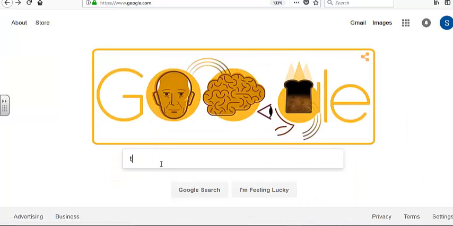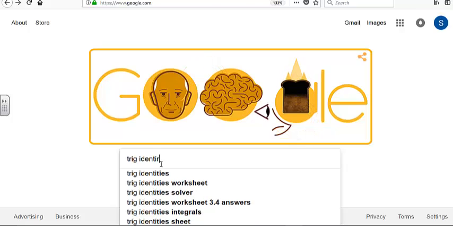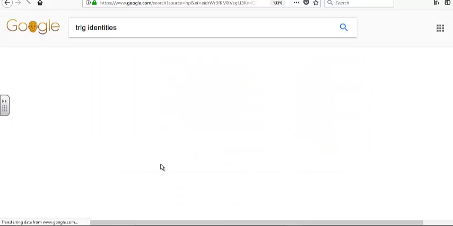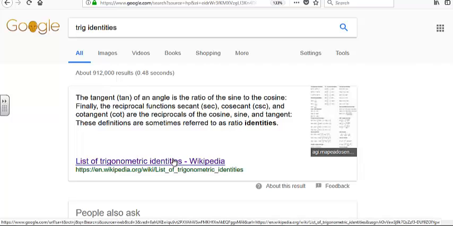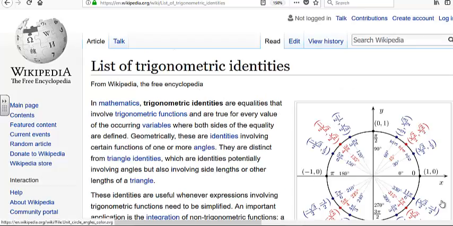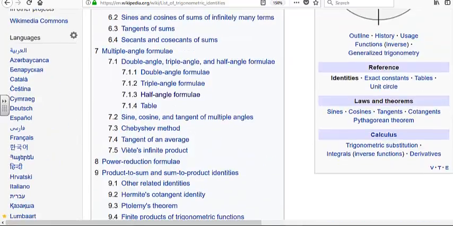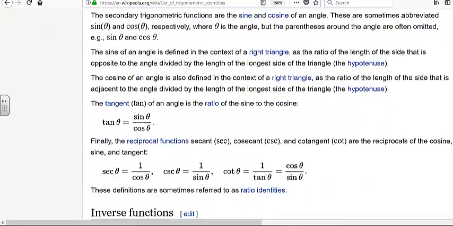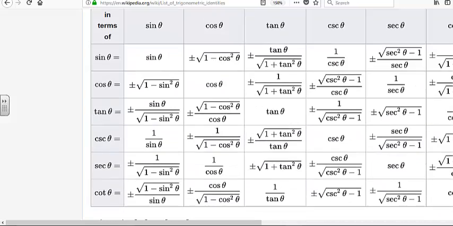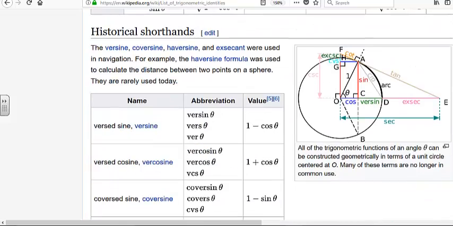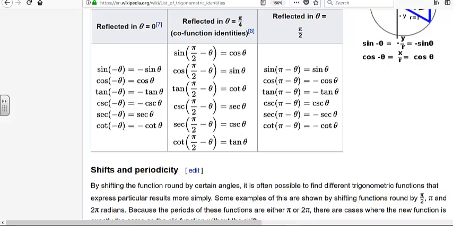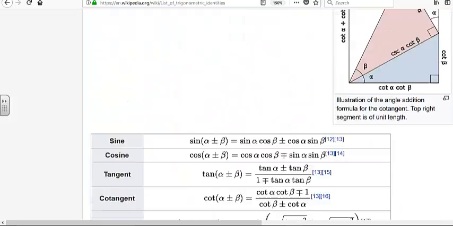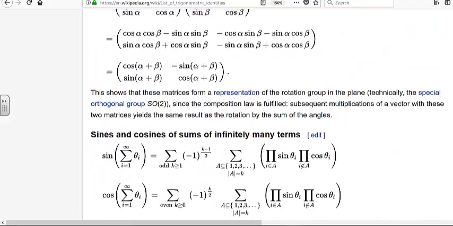Okay, trig identities. Inverse. I should have looked at the table of contents here.